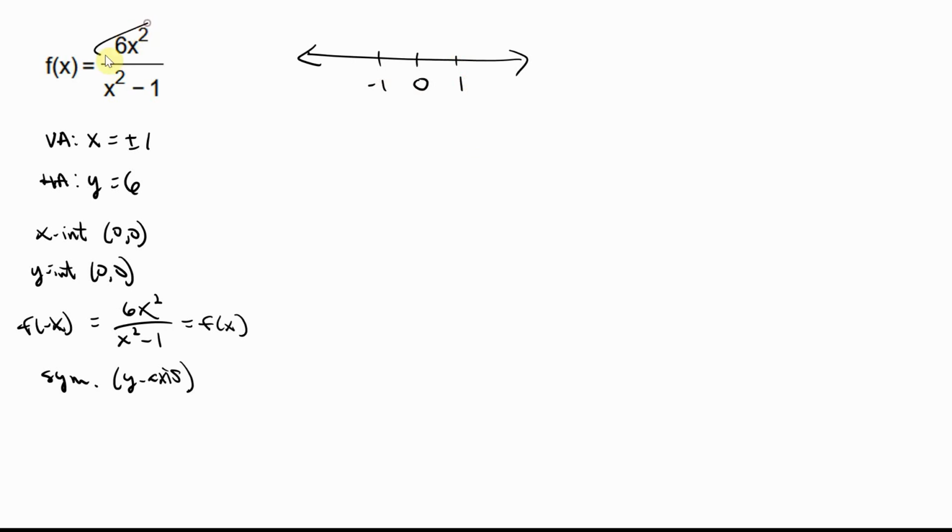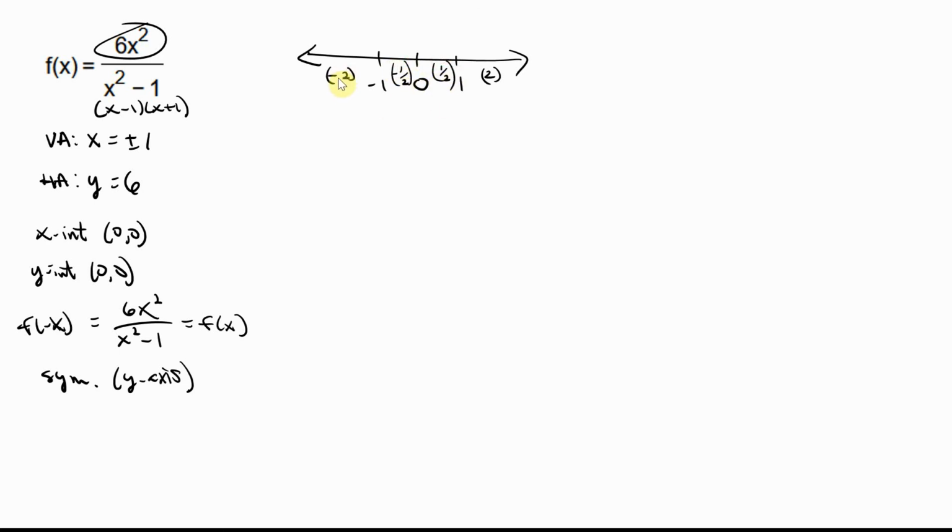Now check this out. The numerator is always positive, so I'm not checking the signs there. The denominator is x minus 1 times x plus 1. I'm going to test a number on each interval. Let's test -2, then a fraction, -1/2, then 1/2, then 2.